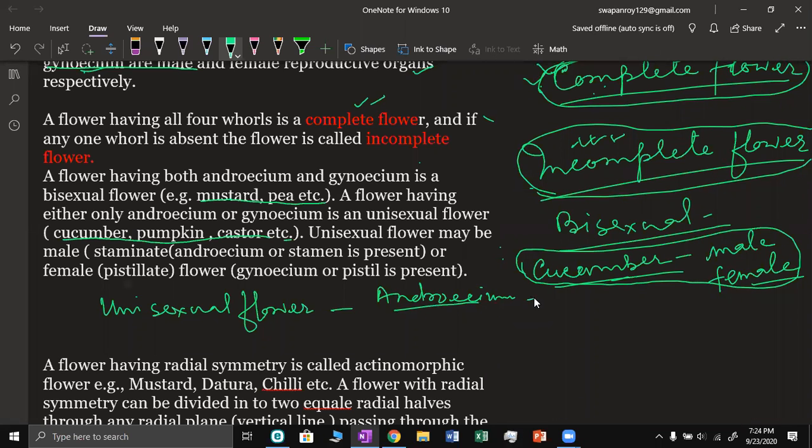Androecium is made of stamens. So these male flowers are also known as staminate flowers.